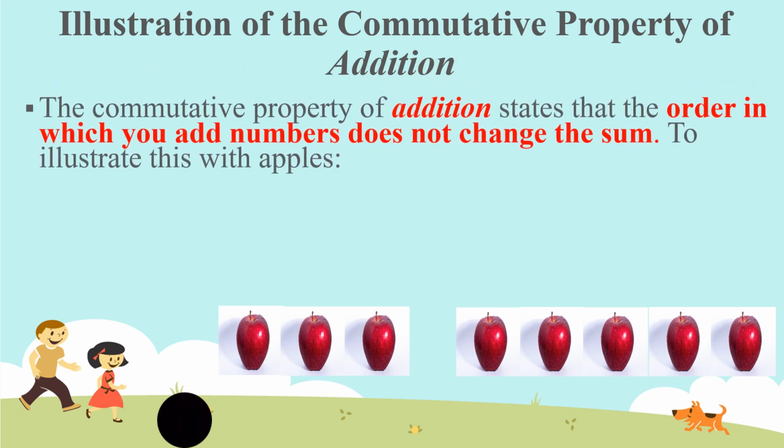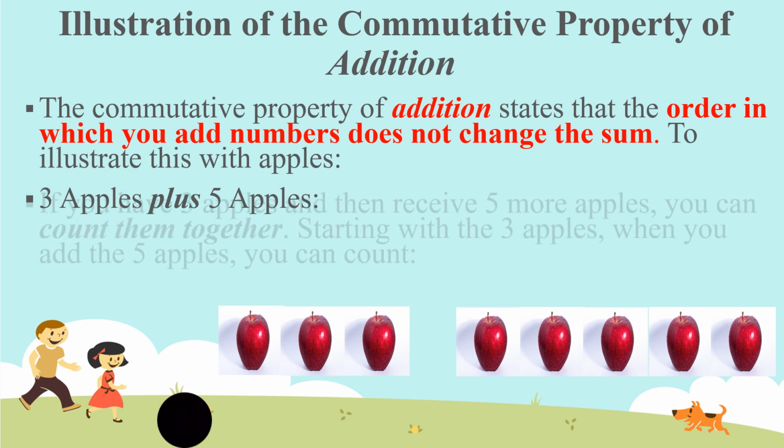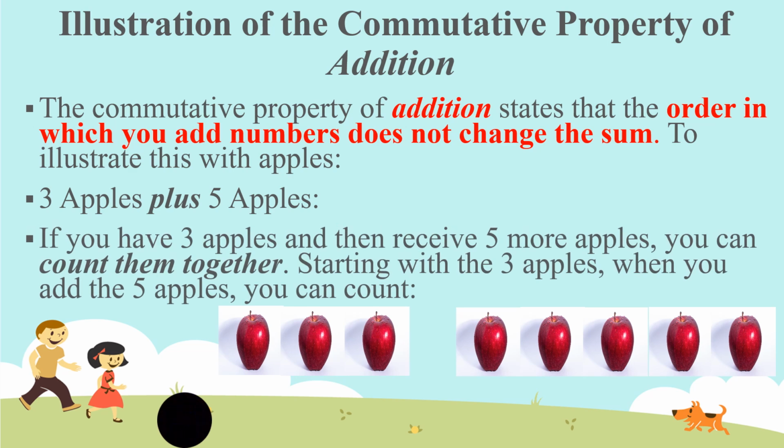The commutative property of addition states that the order in which you add numbers does not change the sum. To illustrate this with apples, 3 apples plus 5 apples. If you have 3 apples and then receive 5 more apples, you can count them together, starting with the 3 apples.